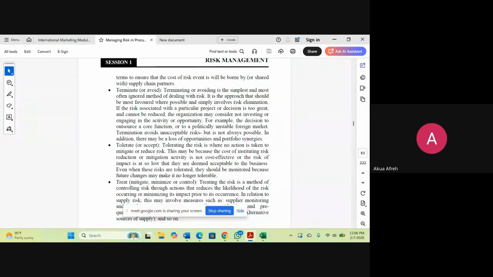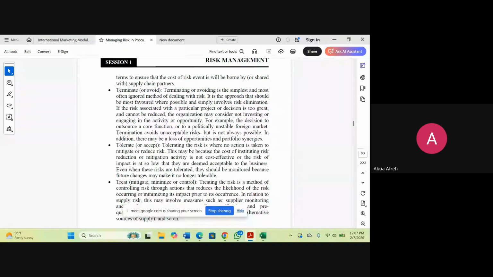And because you know how great the risk is, you don't want to venture. But who knows, probably if you invested in that course, you might gain access to some opportunities that would have been of great benefit to your organization.